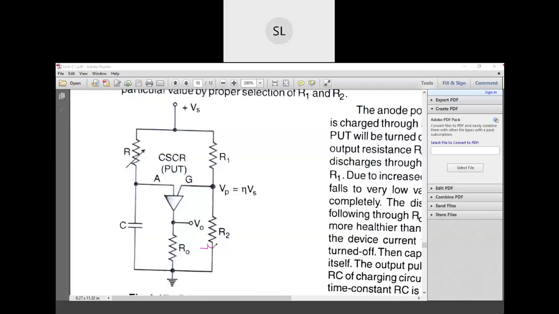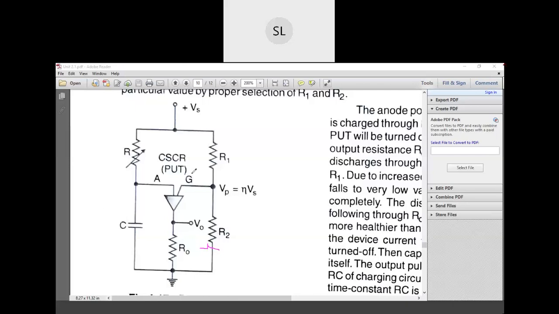That's it. So this is how we can make use of this PUT. So this is one more relaxation oscillator which we can have.